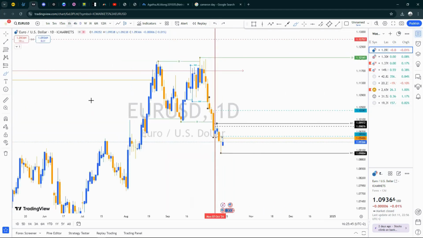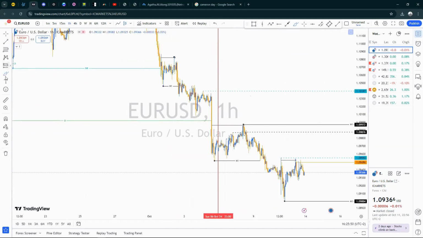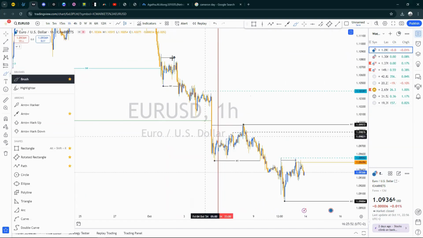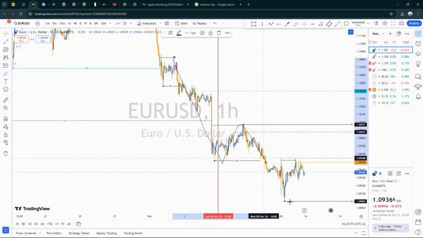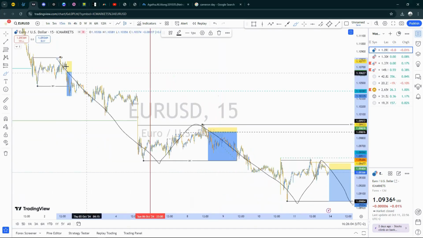Then based on H1 range, we had something like a high, a low, a high. Currently, we are expecting this. You'll see that on 15 minutes, we did have a trade here. We did have a trade here.